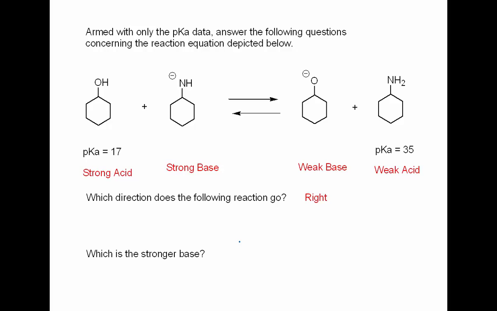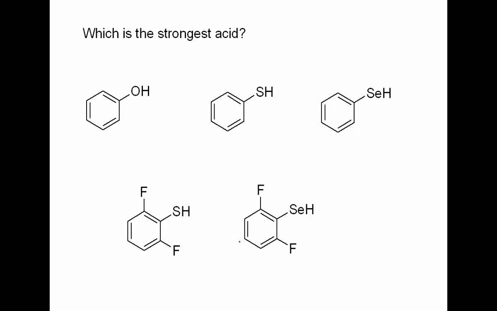The weak base would be the alkoxide. And the strong base and strong acid pair would be on the left. This reaction would go to the right because that is the direction of neutralization. That's where we are producing the weaker acid base pair, and that's closer to neutrality.